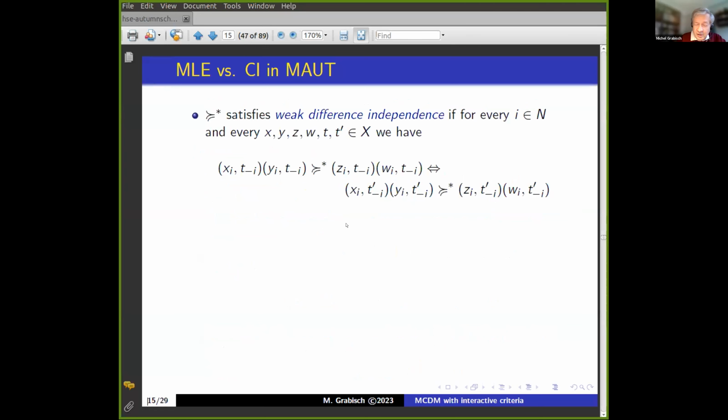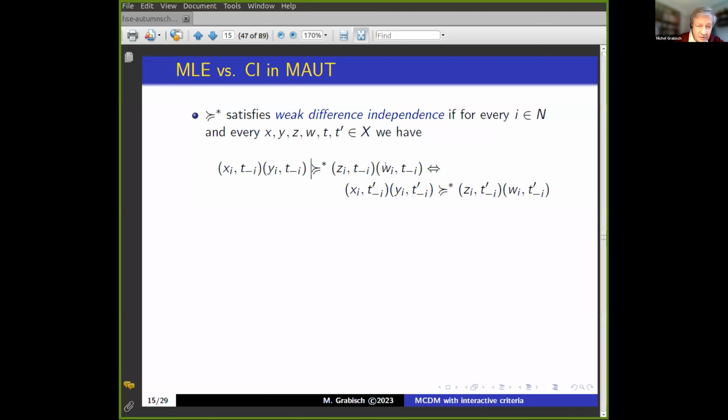You remember the property of weak independence. Now we introduce a similar property, but extended to pairs of alternatives. The notation is a little bit terrible, but the meaning is really the same as before. You take 4 alternatives x, y, z, w on a single attribute, and for the remaining attributes, you consider some vector t, whatever it is.